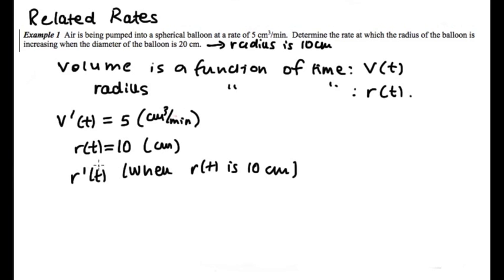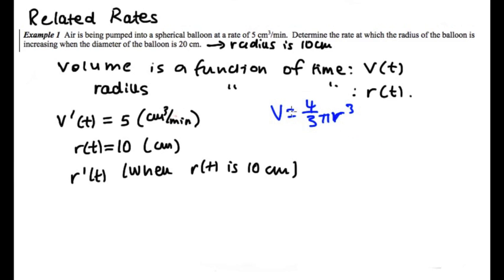So after you write down what you know and what you don't, you have to find a relevant equation that you can differentiate with respect to time. And you might be thinking of the equation for the volume of a sphere, which, if I recall correctly, is 4/3 pi r cubed, right?